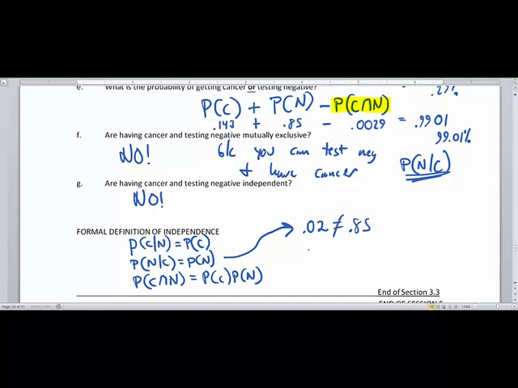Since these are not the same thing, these are not independent events. Having cancer and getting a negative is not the same as just getting a negative without the cancer. So these are definitely not independent by a long shot. You could explain that without the mathematics, but it's nice to tie in the mathematical definition.